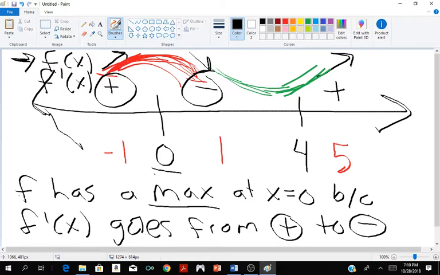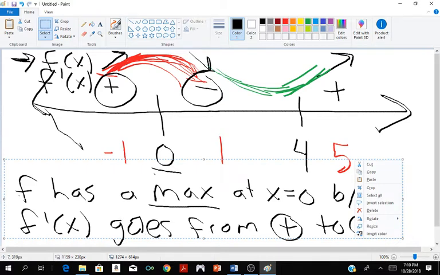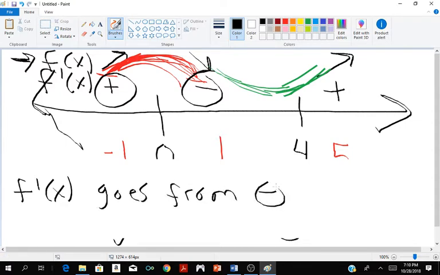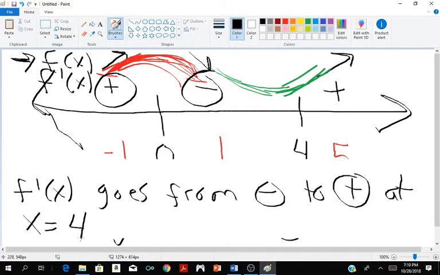F has a max where the derivative goes from positive to negative. Let's go ahead and do the other justification here. Going to cut off the bottom of those numbers, sorry. All right. So we can also say that f prime of x goes from negative to positive at x equals 4.